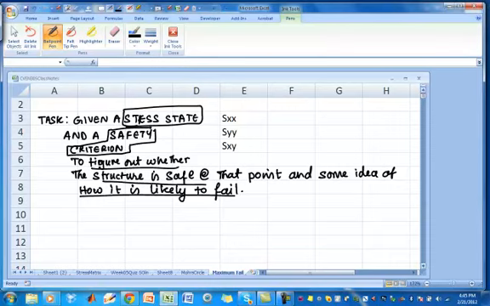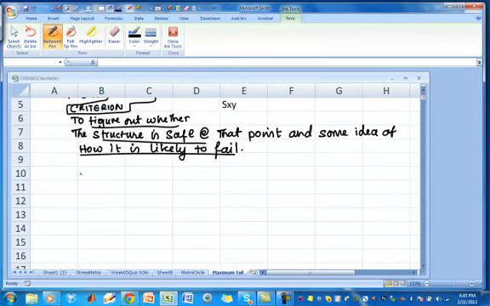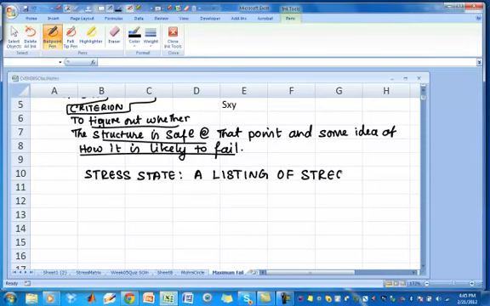Okay, so the idea is, first thing is definition: stress state. This is a listing of stress components on three perpendicular faces.